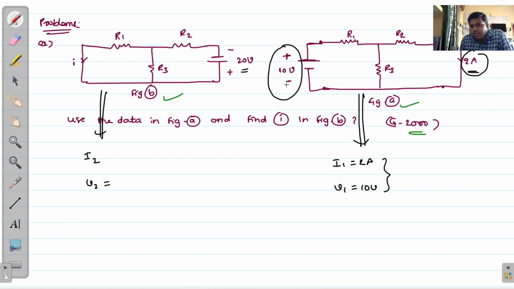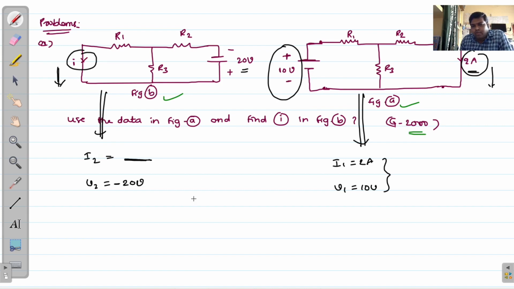Here positive is upside and negative is downside in the first, but in the second, positive is downside and negative is upside. So here V2 equals minus 20 volts. And the current direction is again downwards, but the voltage gets reversed.